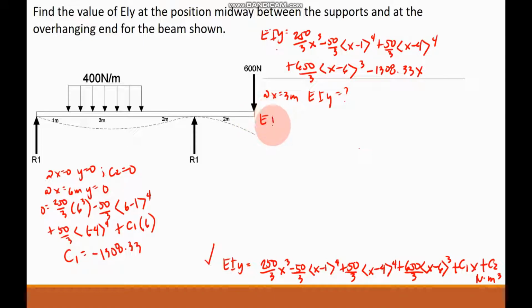So EIy is equal to, substitute na lang, so 250 all over 3 raised to 3 minus 50 all over 3 of (3 minus 1) raised to 4. At this part, cancel out kasi negative na. And also at this part, cancel out kasi negative. So we have minus 1,308.33 multiplied by 3.